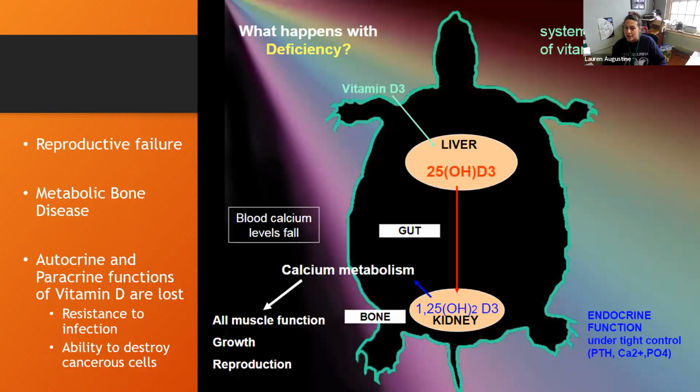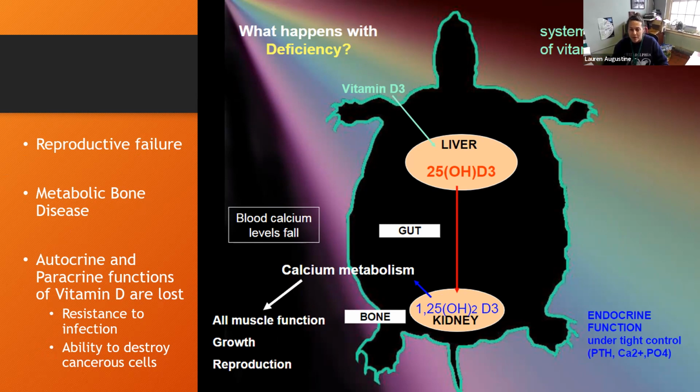And what does that look like when we have a deficiency? It looks like reproductive failure, either not producing eggs, or the eggs are not quality and they don't develop. We see females pulling calcium from their bones in order to produce eggs, and that causes things like metabolic bone disease. Metabolic bone disease has been seen in a lot of different taxa.